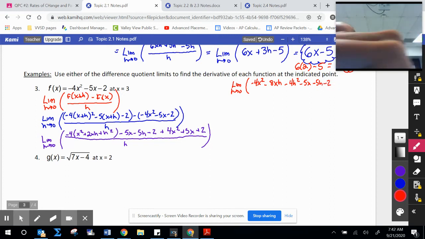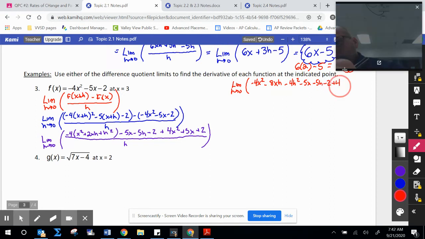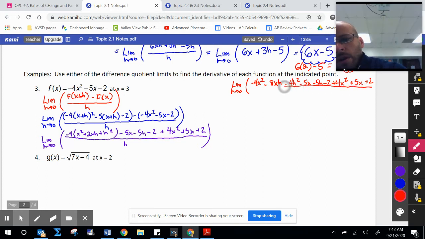It's a lot of writing. Again, take your time. Plus 4x squared plus 5x plus 2, all over h.